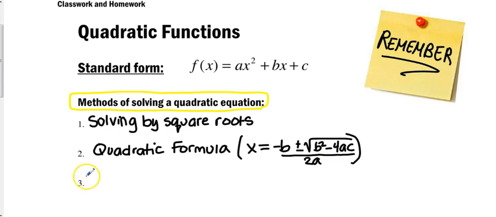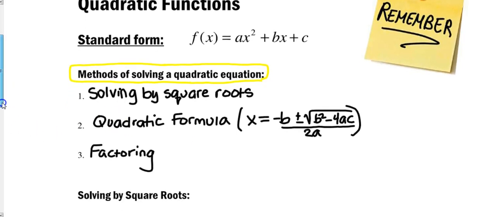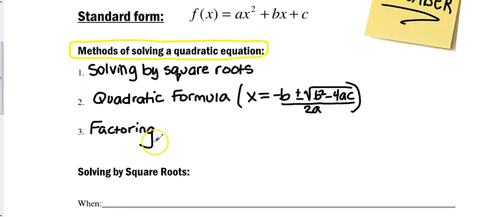And then last but not least, our third method is factoring. Over the course of this unit, we will be learning and practicing all 3 of these methods with real-world scenarios, ultimately. Today, though, we are going to focus on solving by square roots, so that very first method we wrote.